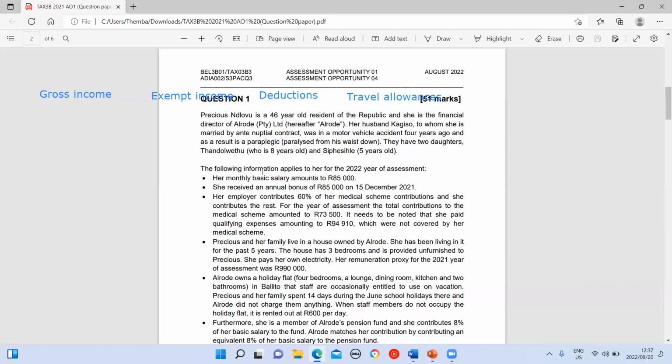She works for the whole year of assessment, because this is her 2022 year of assessment. They didn't say anything about her getting fired or stopping work. She was working the whole year. So you take this 85,000 and multiply it by 12. Here you'll have your basic salary.